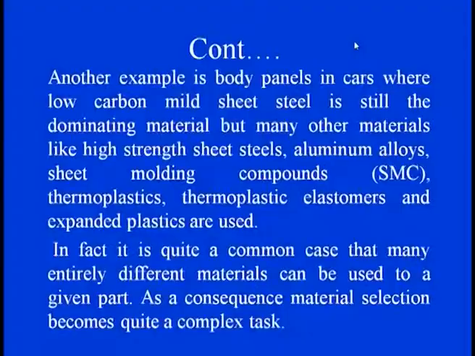That's why in many cars you will find that all these materials have their own specific applications according to the service condition and the surrounding conditions. In fact, it is quite common that many entirely different materials are used in a given part, or some part is replaced by another.